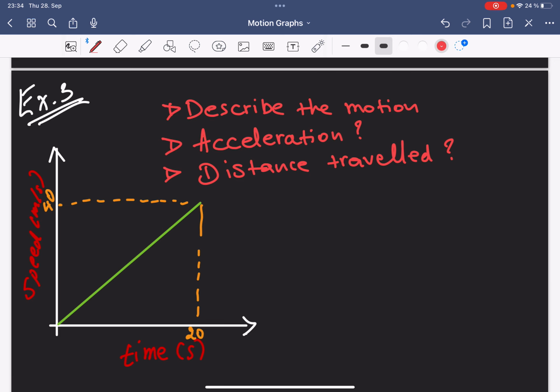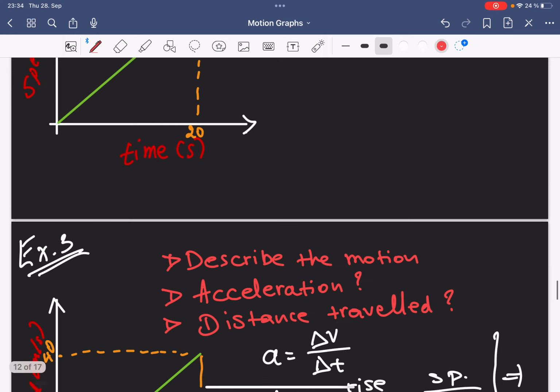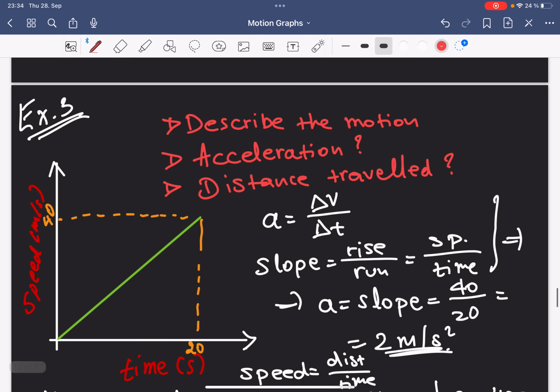Now the next example, we have a slightly different curve. So pause the video and try it for yourselves. Now in this scenario, if we try to describe the motion, we can see that the speed is changing over time. When the speed is changing, by definition, we know that we're going to have acceleration, since we defined acceleration as the change in speed or velocity over time.